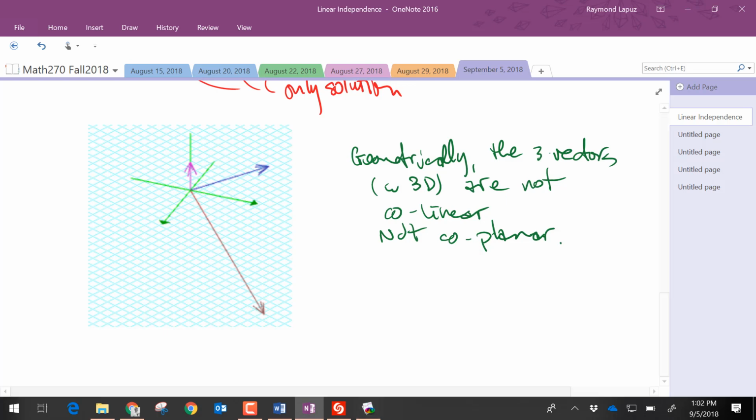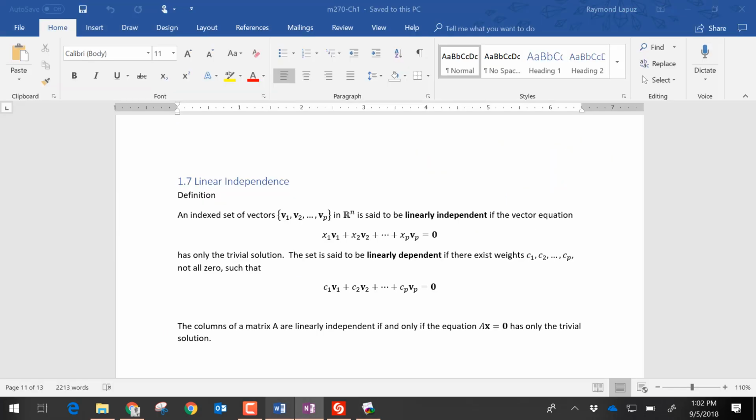Now let's see if we can come up with an example where they're linearly dependent.